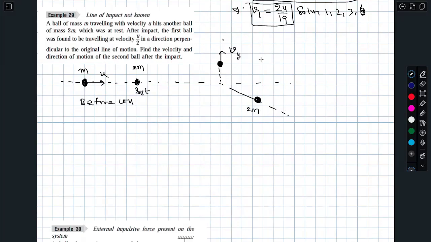This is 2m, vy is equal to u/2 given. This is m.